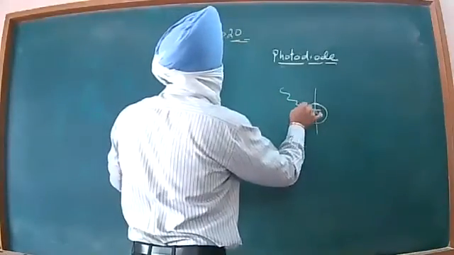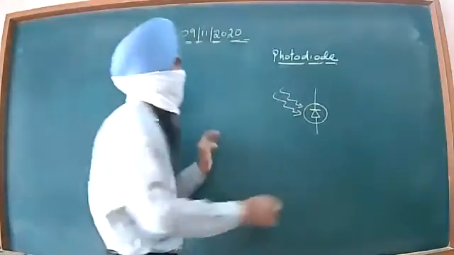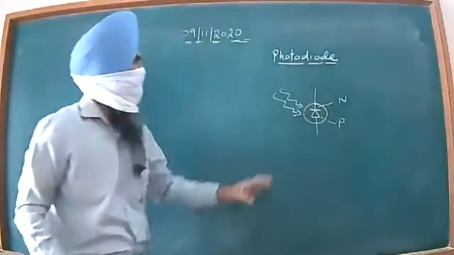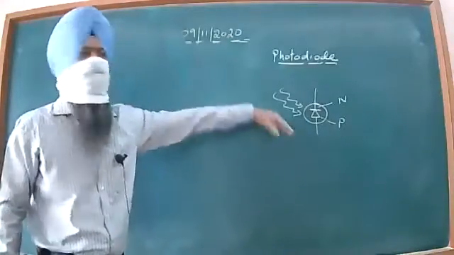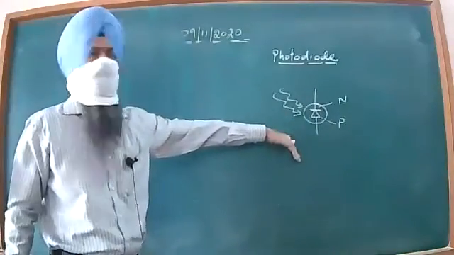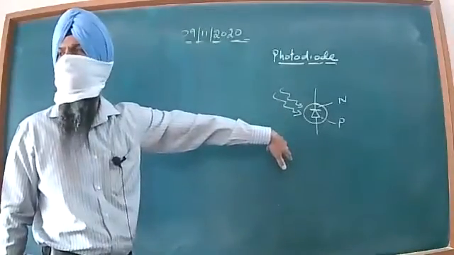Now, as it is a photodiode, the arrowhead will be in this way. And dear all, this part indicates P, this indicates N. A simple PN junction diode, and this inward arrow indicates the incident photons of the light, beta.